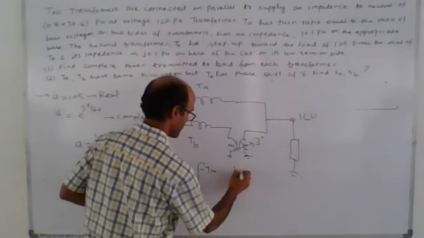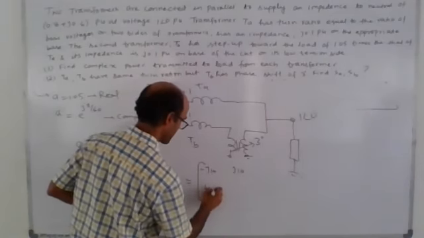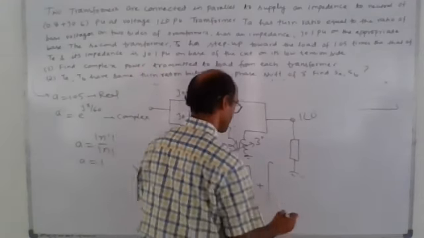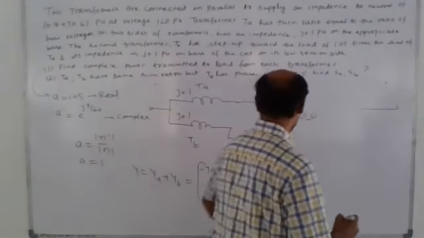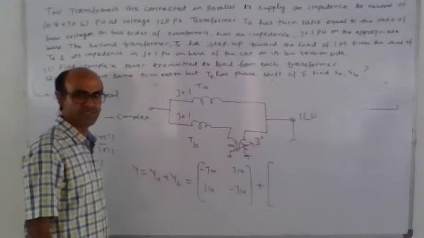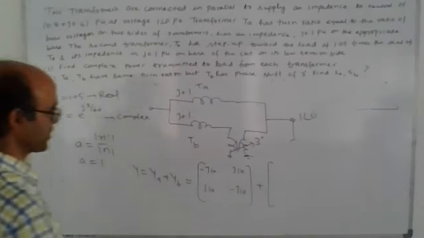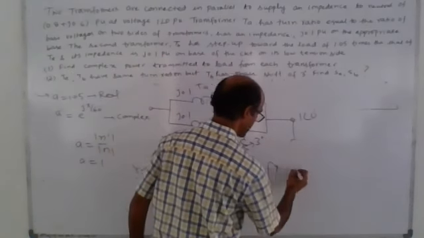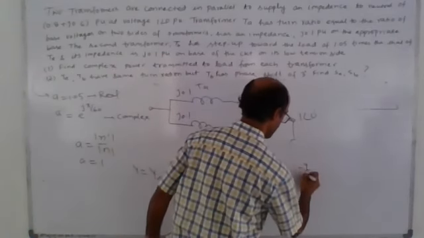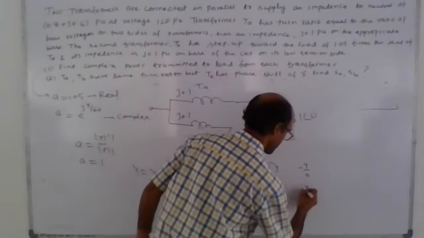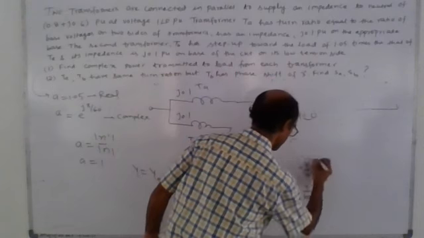Now what are the parameters of this? I have written the parameters of this: Y divided by A, Y divided by A conjugate, minus Y by A, minus Y by A conjugate by mod A squared.